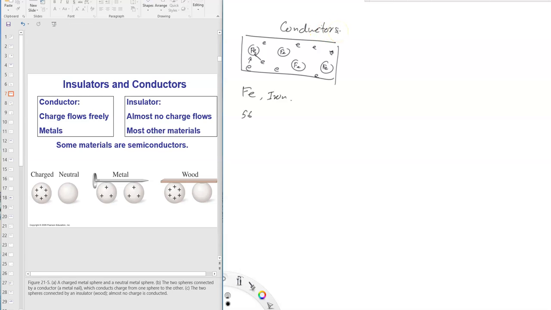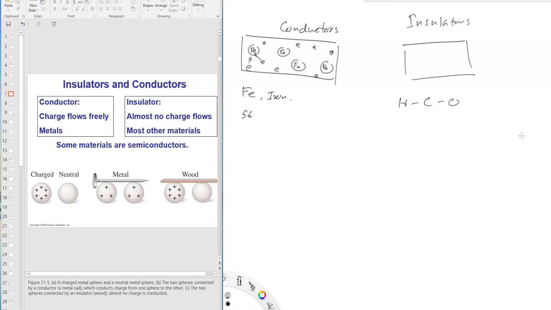Another important thing to remember, okay, we'll come to that in a minute. The counterpart is insulators. A good example is a piece of wood, right? Hydrocarbons, mostly hydrogen, carbon, oxygen, and nitrogen kind of stuff.